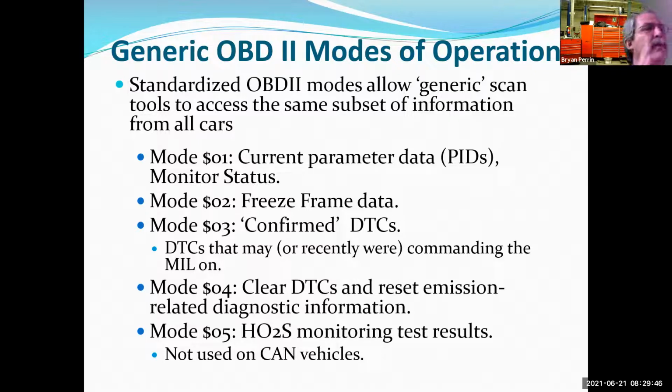So keep in mind, we have 2 parts of our computer system on the car. We have the OBD II generic side, and we have the manufacturer side, which we call the enhanced side. Both sides can set codes. Both sides have data. Both sides do different things. So it's kind of like, again, going way back, my first computer was a DOS computer, disk operating system.